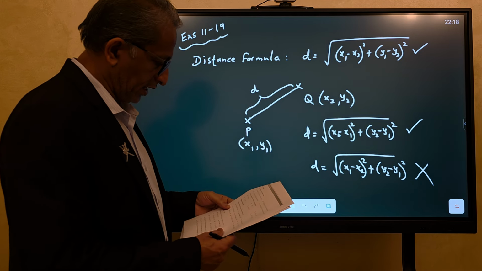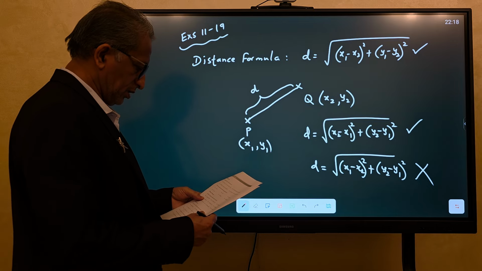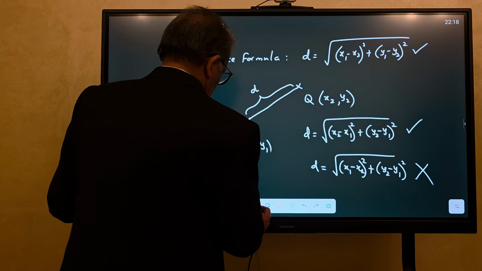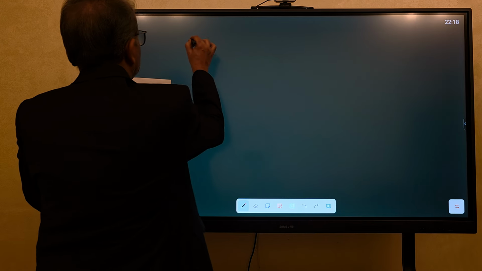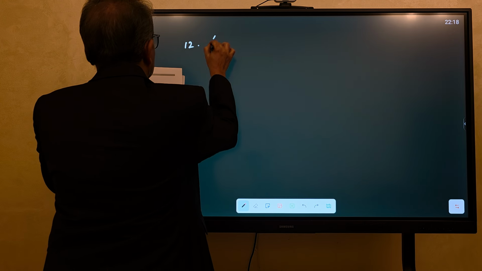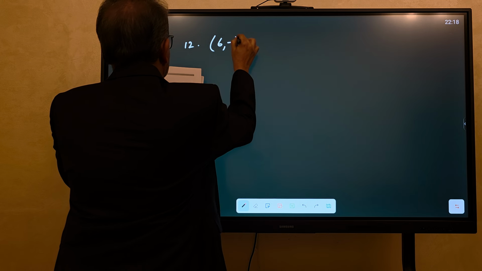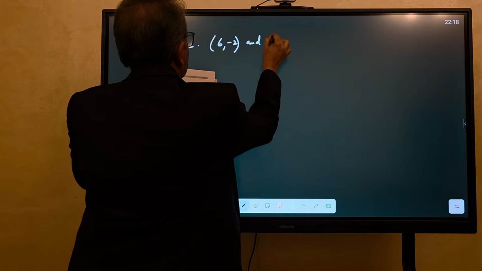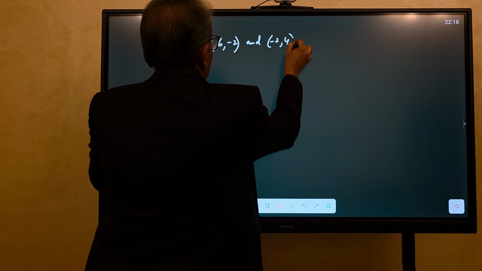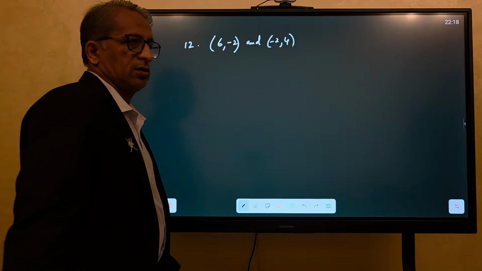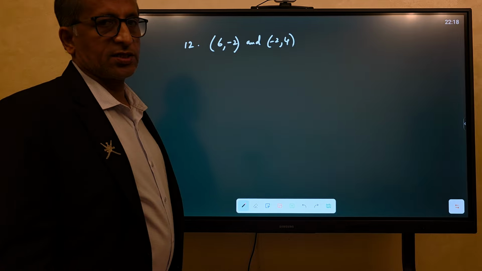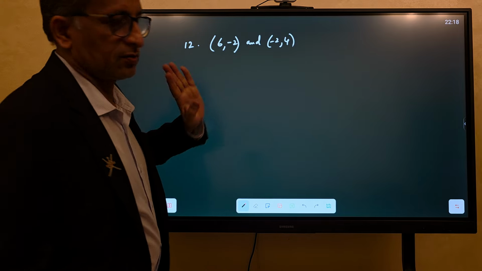Let's do one example in this. Example number 12. 2 points are given, (6, -2) and (-2, 4). You are given 2 points and you are asked to find the distance between these 2 points.